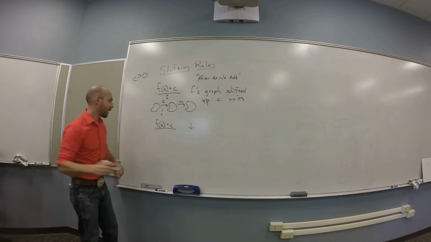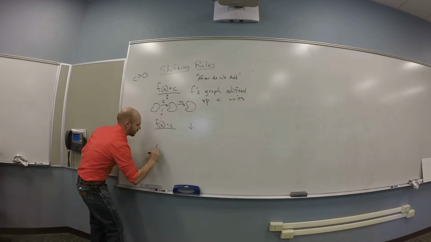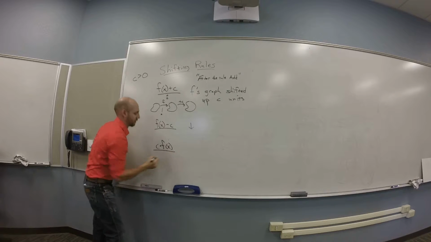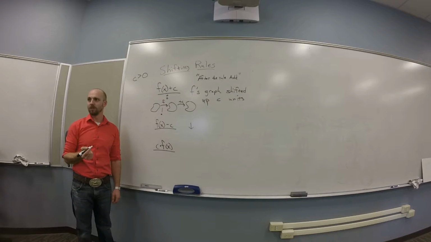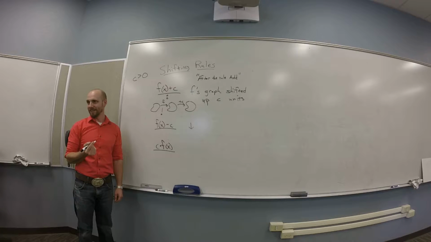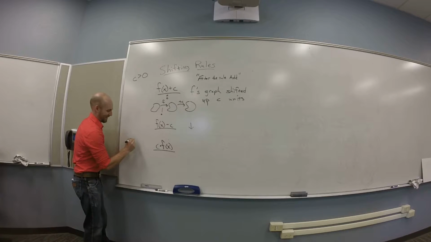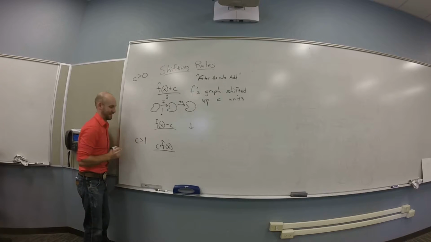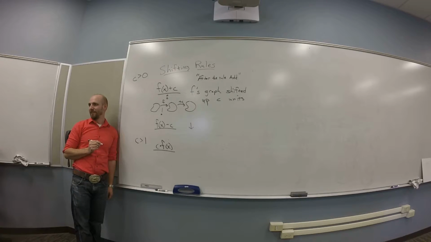So let's multiply by a constant: c times f of x. You guys remember this one? I need an assumption. Why is it interesting to me whether c is bigger or smaller than 1? Because that decides whether it stretches or compresses.